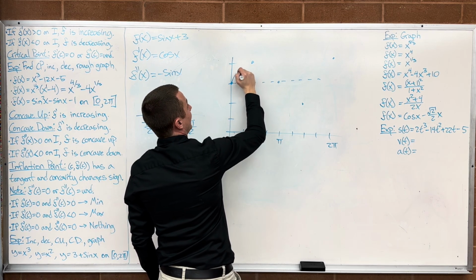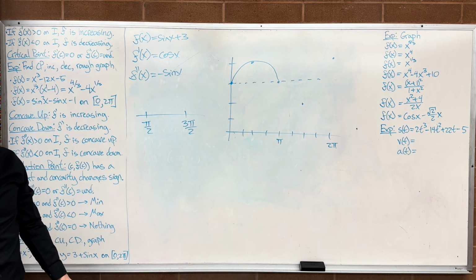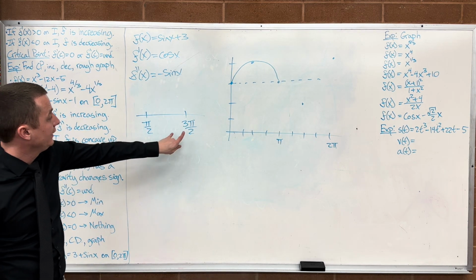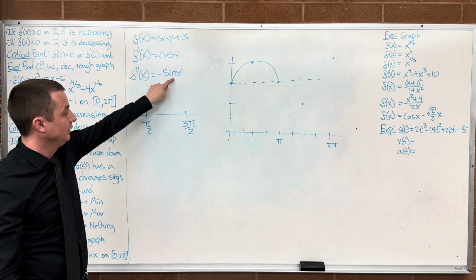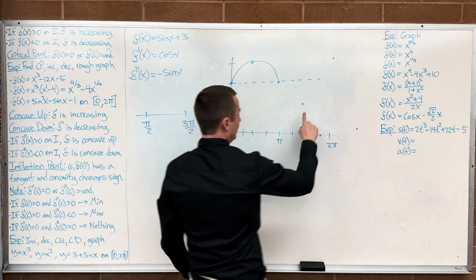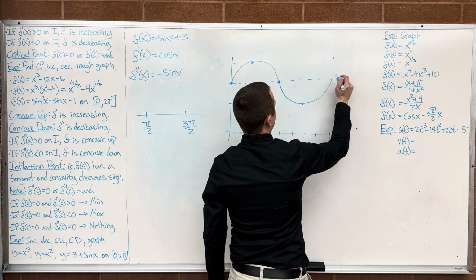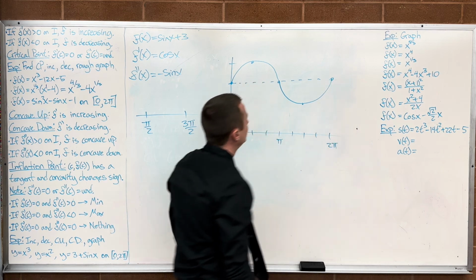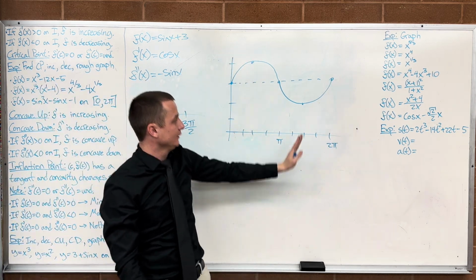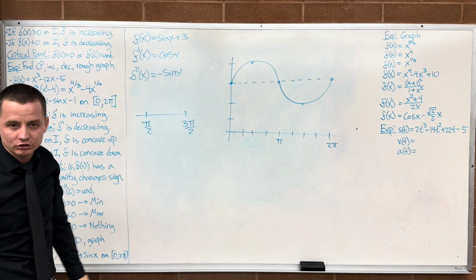So in between, it has to look like a frowny face. And at 3 pi halves, sine of 3 pi halves is negative 1, make it negative, so it's positive, so it's concave up there. So over here at 3 pi halves we have a smiley face, positive concavity. Obviously we knew that's what the sine function looked like shifted up 3 units, but see how we're getting it from this information.